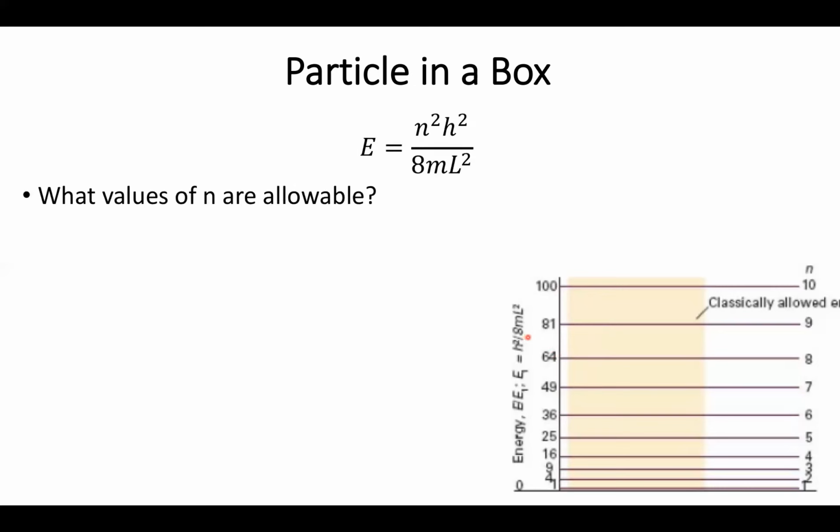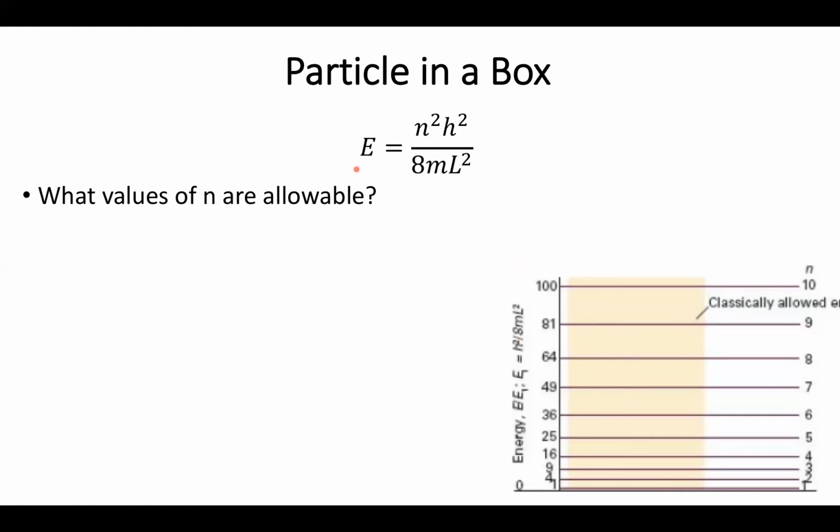Again, this brings us to our question of what values of n are allowable. We know that n has to be an integer value: 1, 2, 3, 4. But if I have a value of 0, this would mean that I have no energy, or no kinetic energy.